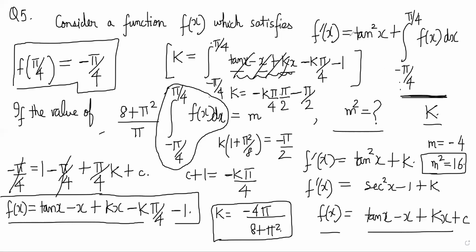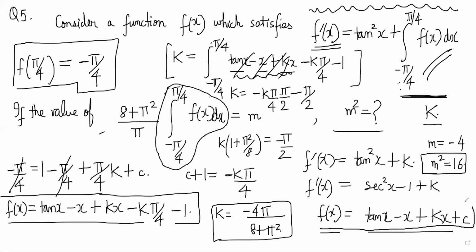So what was the key step here? The key step was realizing that this has to be some constant because it is from some constant to some constant, right? So that constant, if you take as k, you can immediately integrate f dash x and get it as this thing. Once you get f of x as this thing, putting the value of pi by 4, you'll get c in terms of k, right?